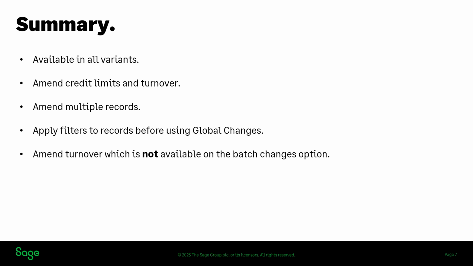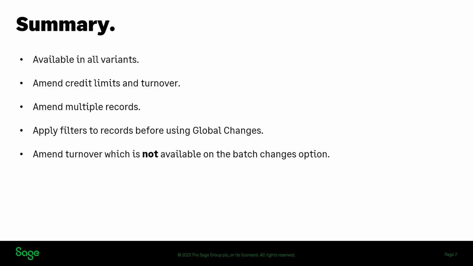So just to summarize the session, this option is available in all variants. You can amend credit limits and turnover. So it does allow you to change multiple records in one go on all variants, but specifically for our essential users who don't have access to the batch changes option, this allows you to change credit limits without having to upgrade to the higher licenses.